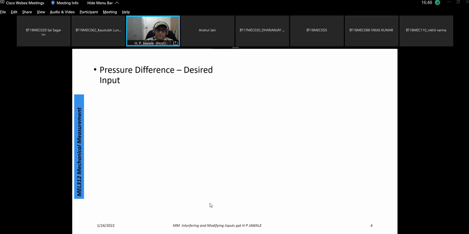So let us say the pressure measurement in a manometer. Say if it is a mercury manometer of which pressure is being measured such that one lever of that manometer is connected to pressure P1, the other is connected to pressure P2.